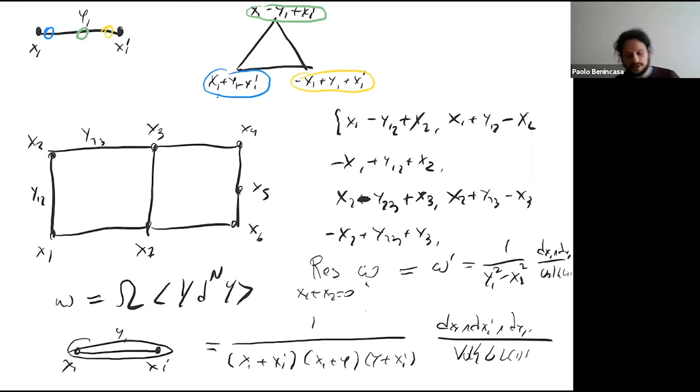Now, how can I see which vertices of the polytope survive? There is a graphical way that we can do it: if you make an intersection between the polytope and the plane defined by x1 plus x1 prime equals 0, you will see that the only vertices which survive are these two.